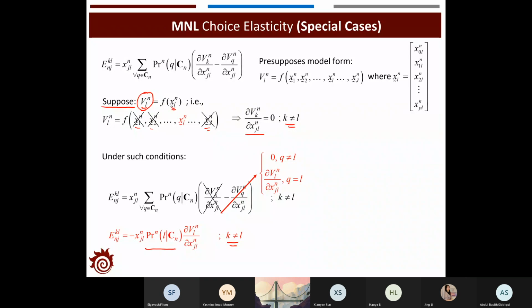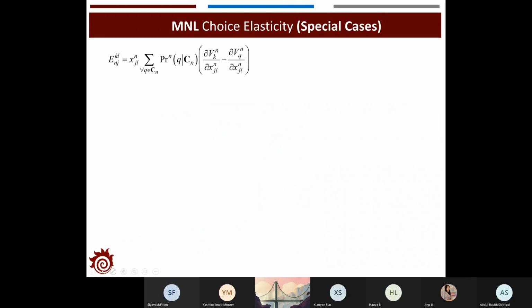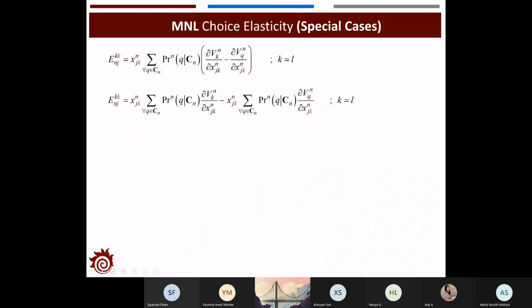But still, we can make a further simplification by assuming that V is a linear function of x. So with the linear assumption, let's see what we can get. Here's another expansion.